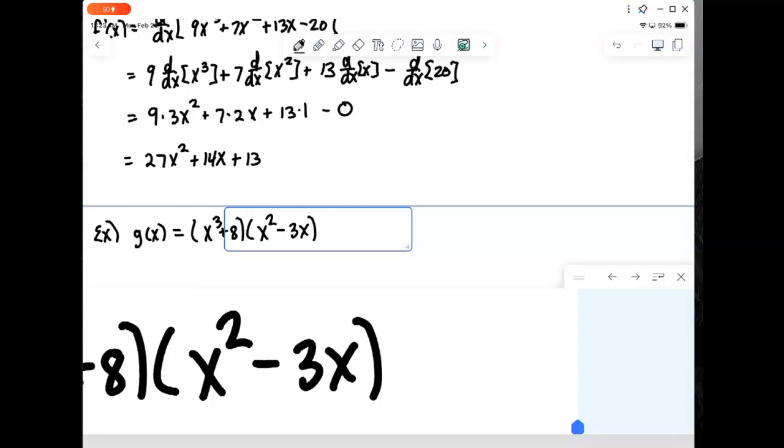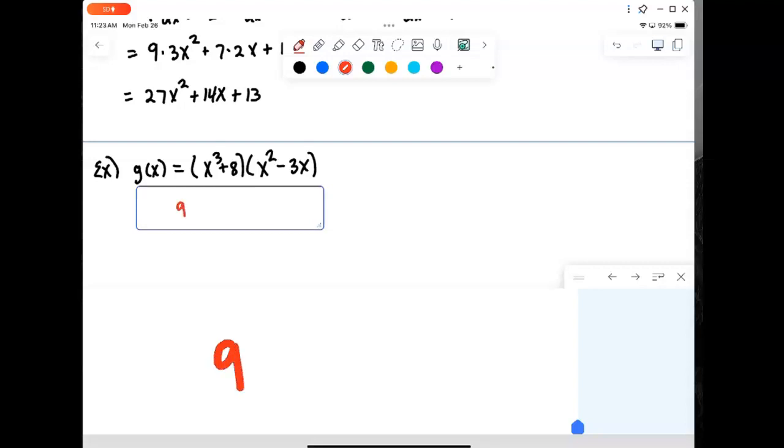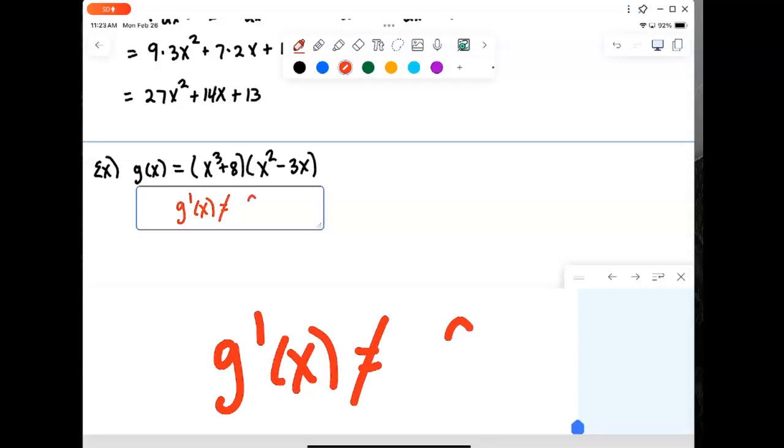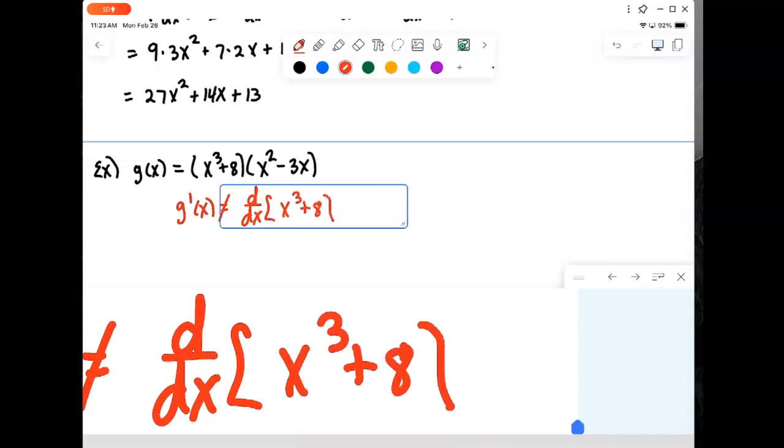Well, here's one thing that I can tell you for sure. G prime of x, turns out, cannot do this: just take the derivative of the first thing times the derivative of the next thing.